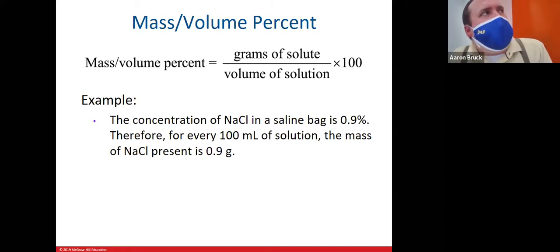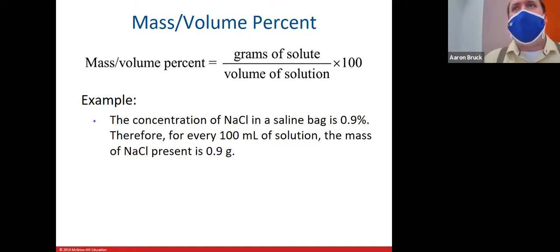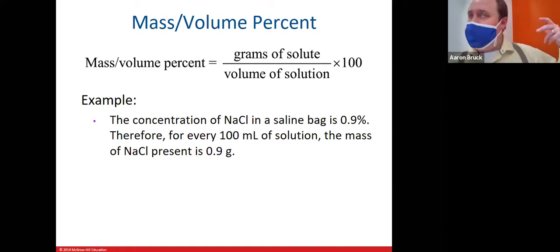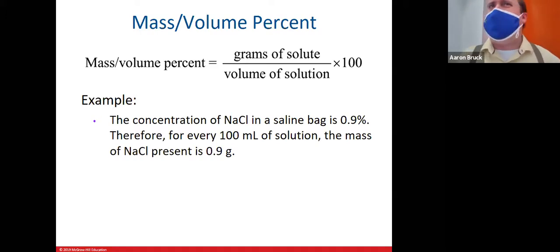The way that they're calculated is taking the grams of the solute, which is usually a solid of some kind, some sort of ionic compound or something like glucose or fructose or sucrose or something along those lines, and dividing it by the volume of the solution and then multiplying it by 100%. So if we think about that saline bag is 0.9%. What that means is that for every 100 milliliters of that solution, there are 0.9 grams of sodium chloride.